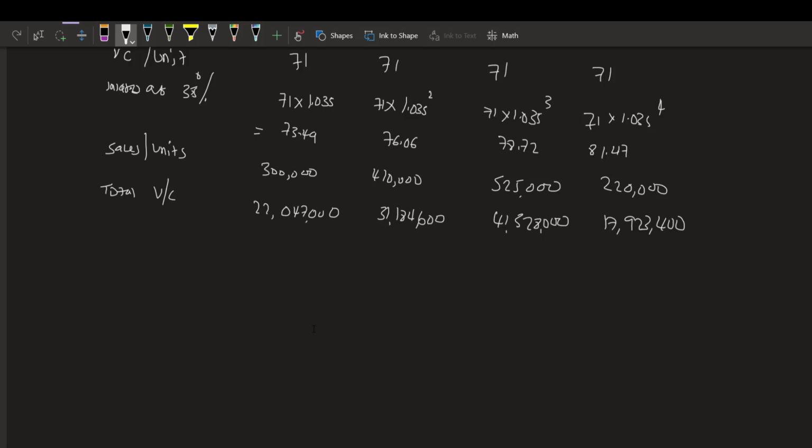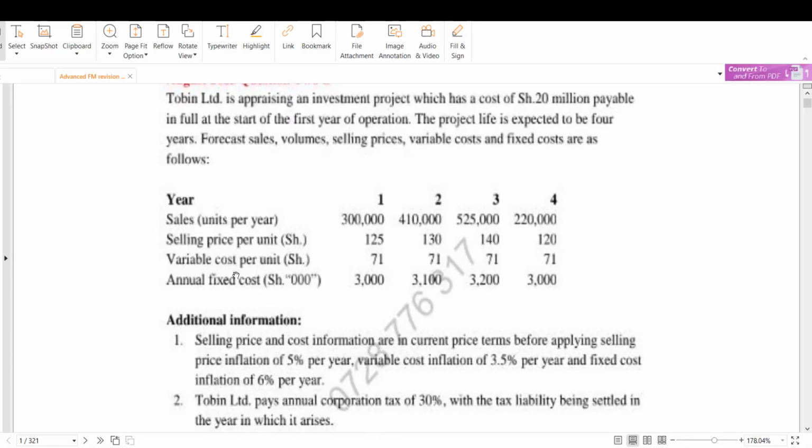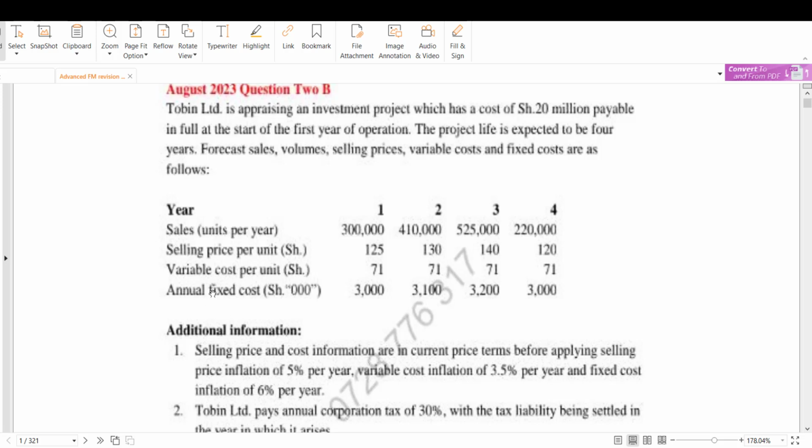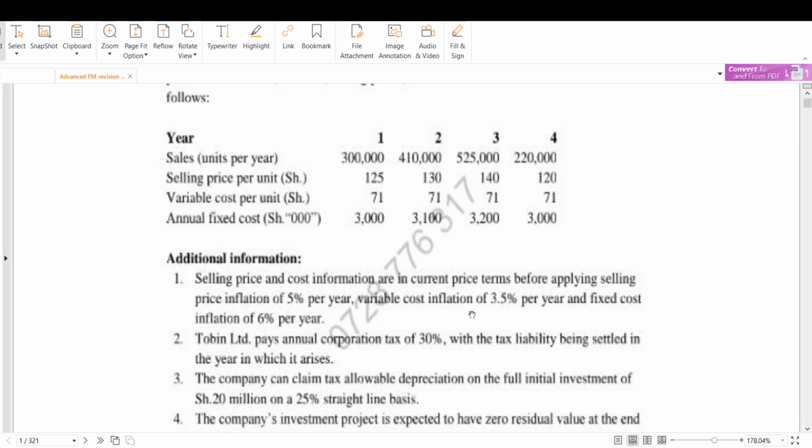Now we go ahead and get the fixed cost from our question. The annual fixed cost is 3 million, 3.1, 3.2, and 3 million. But from additional information number 1, we are told that the variable cost is inflated by 3.5% per year, and the fixed cost is inflated by 6% every year.